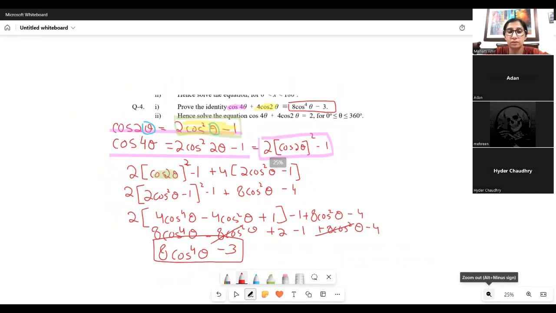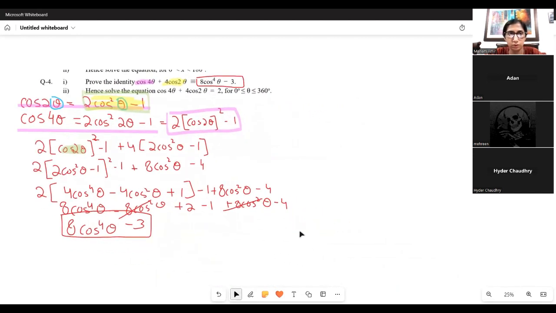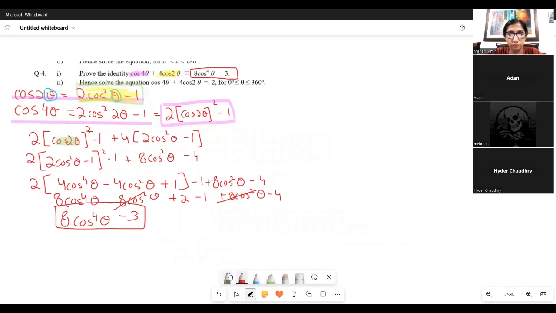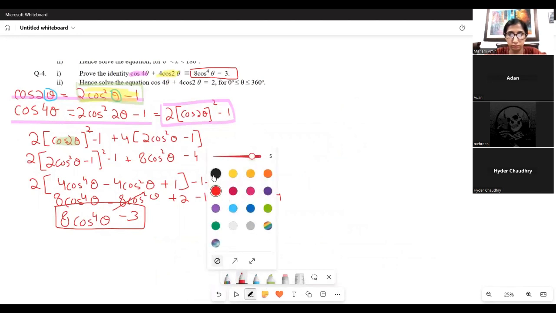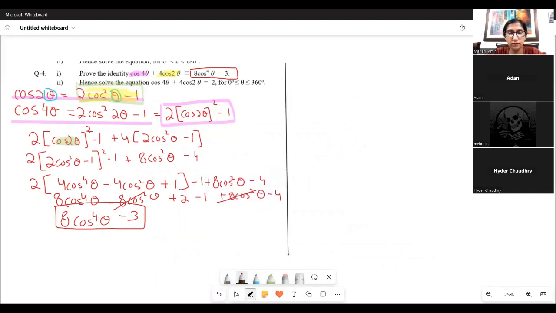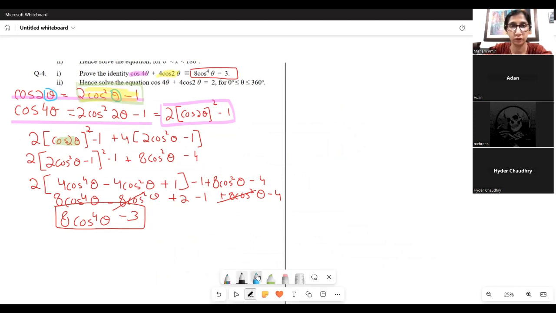Any questions here? All right, part 2. Hence, meaning use the result of the previous part, solve this equation. So instead of the left-hand side, I'm going to use this.